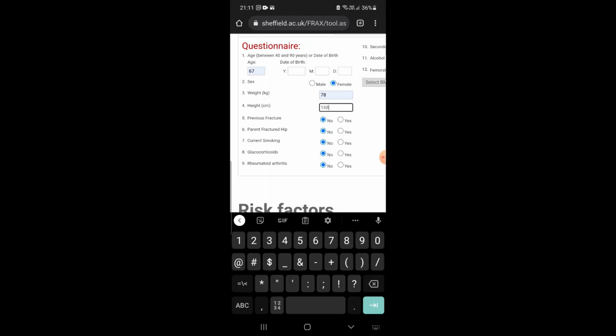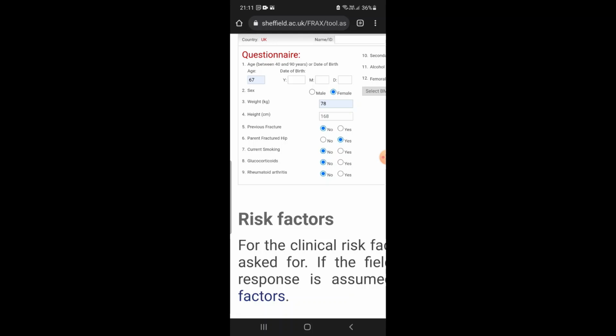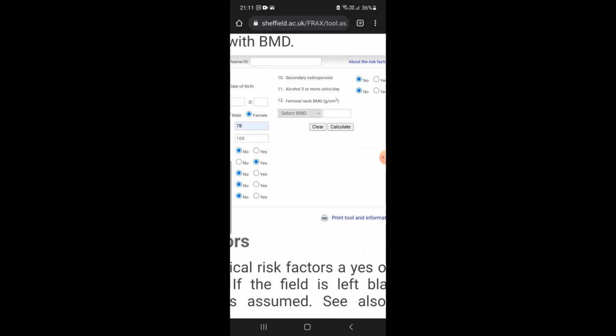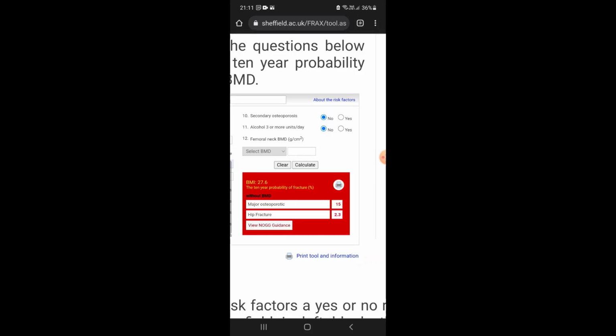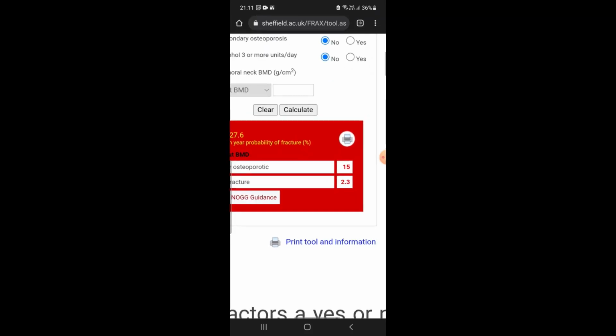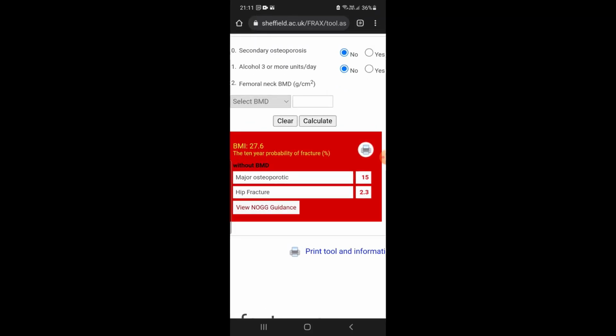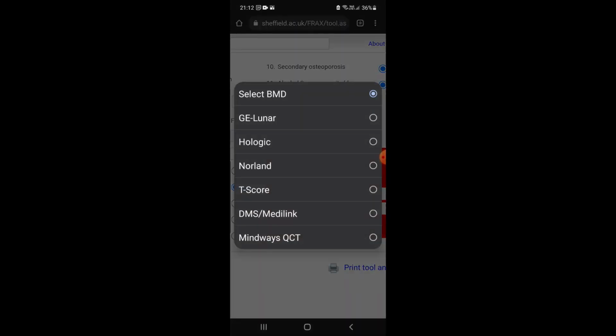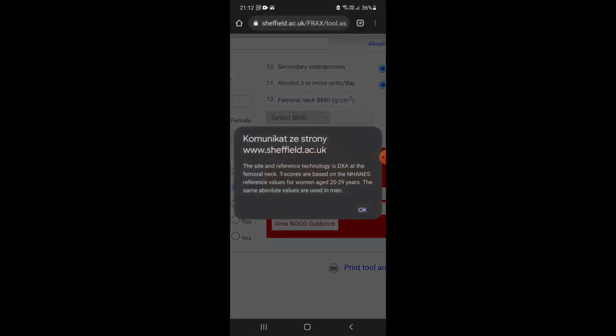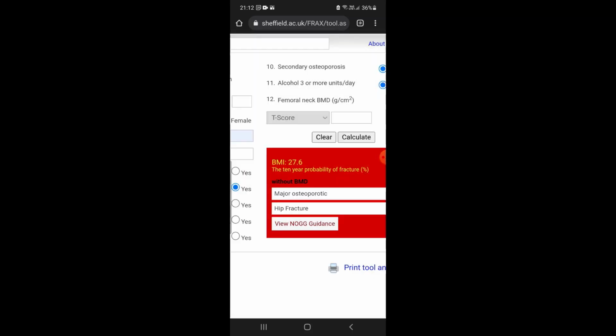From the fracture risk factors, there is just one. Her mother had a broken hip, so we mark that. She has no other risk factors, and now we press calculate. And we get a major osteoporotic fracture risk of 15. If we have a bone mineral density measurement, we can add the T-score to the calculation.